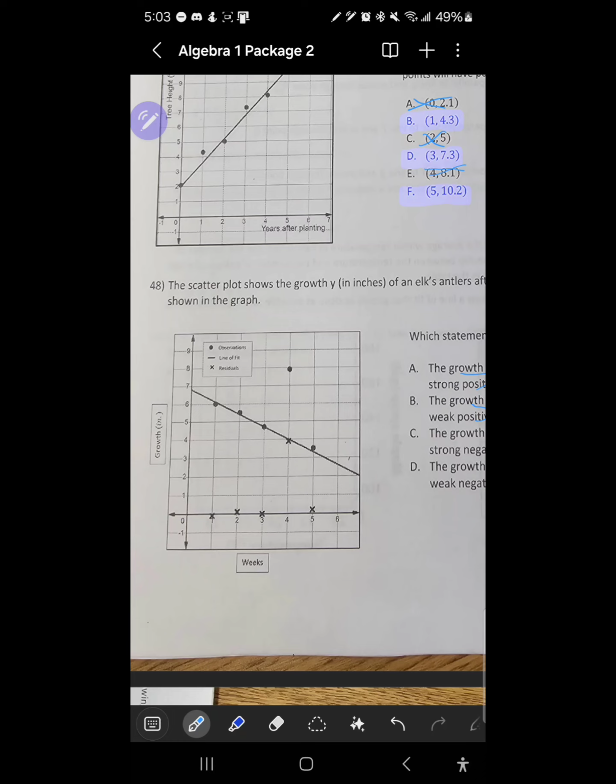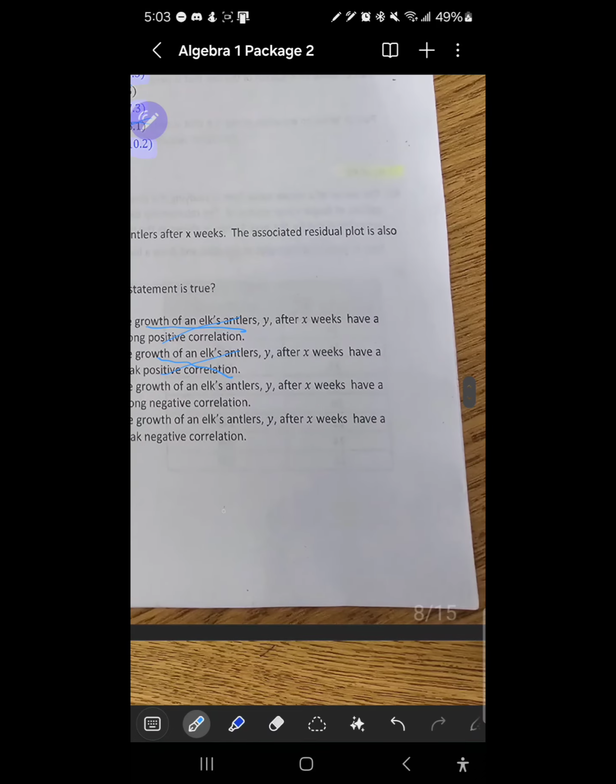A strong one will look something like this, with the points here, here, one on the line, here, basically like that. While in a weak one, the points will be all over the place.